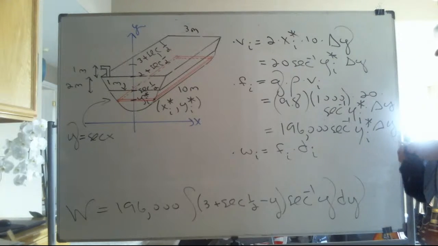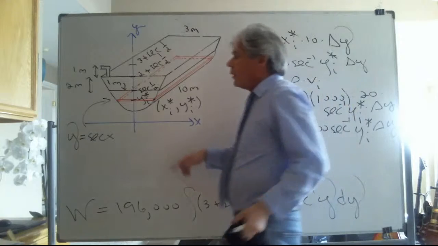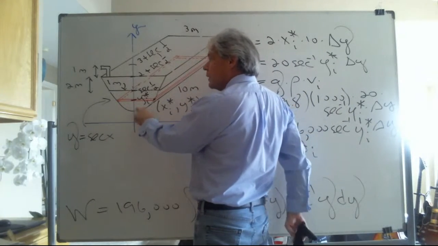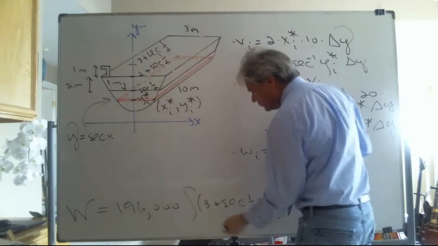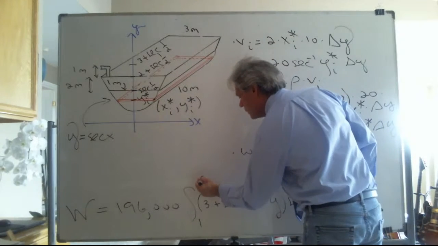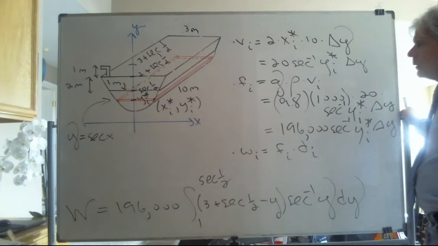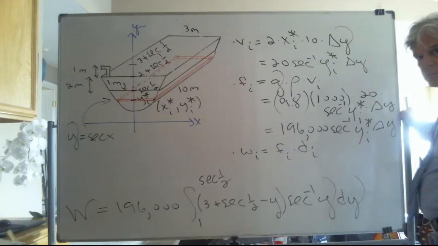As far as my bounds are concerned, for the portion with this as a boundary equation, that's from this extreme y value to this one. And I'm only half finished.